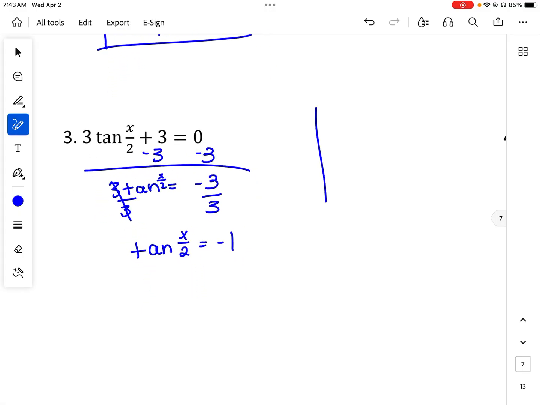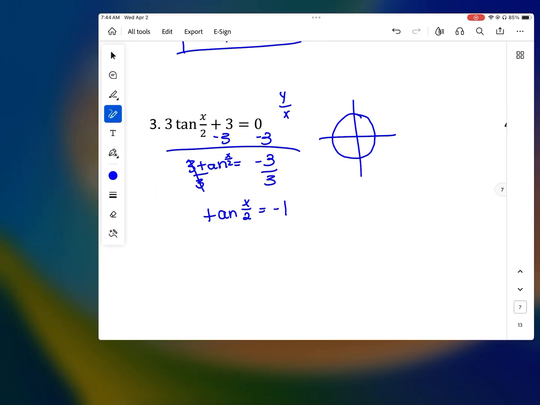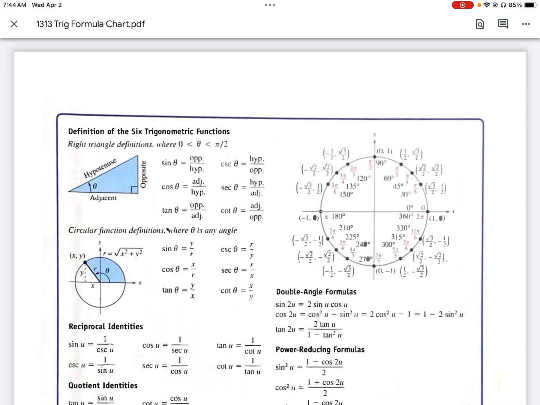That would be -1. So we want to look at the unit circle where tan, remember tan is y over x, sine is y, cosine's x, tan is y over x. Where is it going to divide to equal -1? Let's look at our unit circle. My circle is a little off. It's a little better.